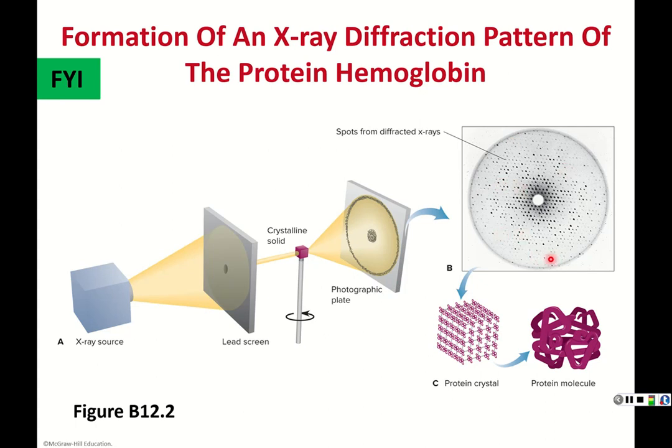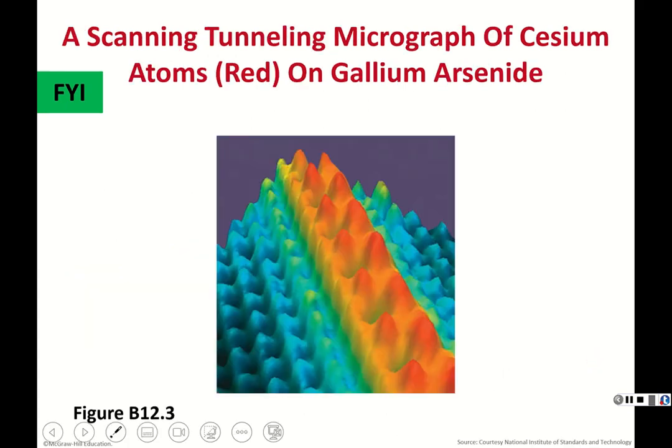From that pattern, you can build an idea of what structure that crystalline molecule has. This is a popular technique, especially in the last 20 or so years, for getting crystal structures of proteins.